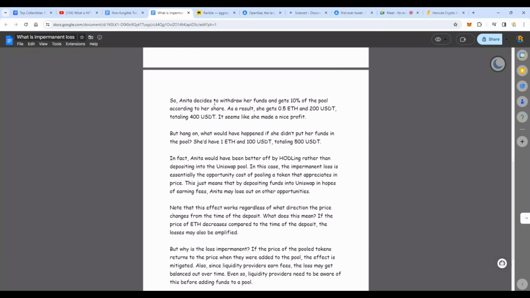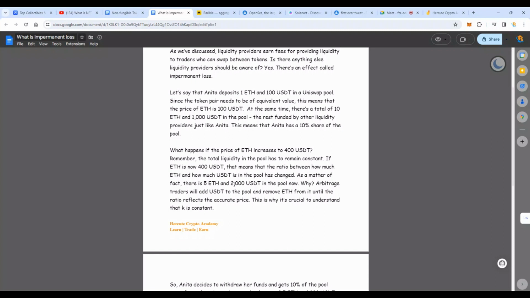So if Anita decides to withdraw her funds and gets 10% of the pool according to her share, as a result, she gets 0.5. What we mean here is we have 2000 USDT and 5 Ethereums in the pool. Anita decides to take out 10% of her share. So out of the 2000, she's going to receive $200, which is 10%, right?